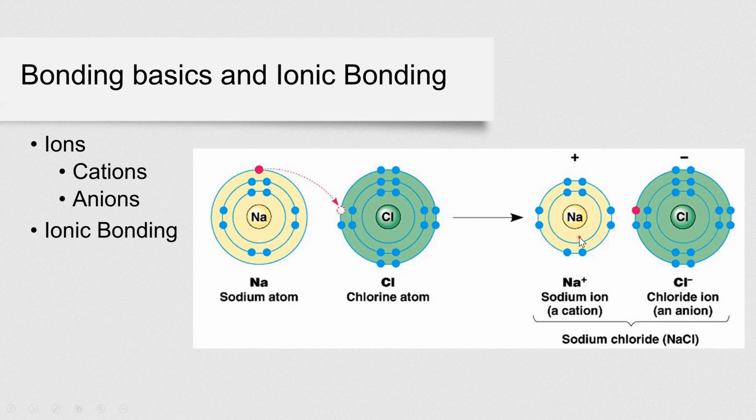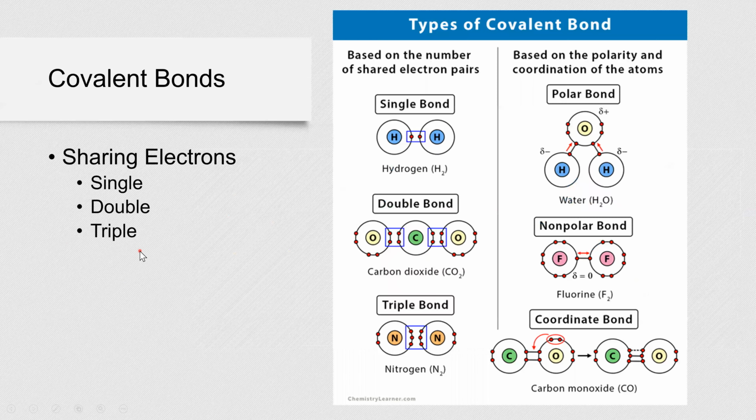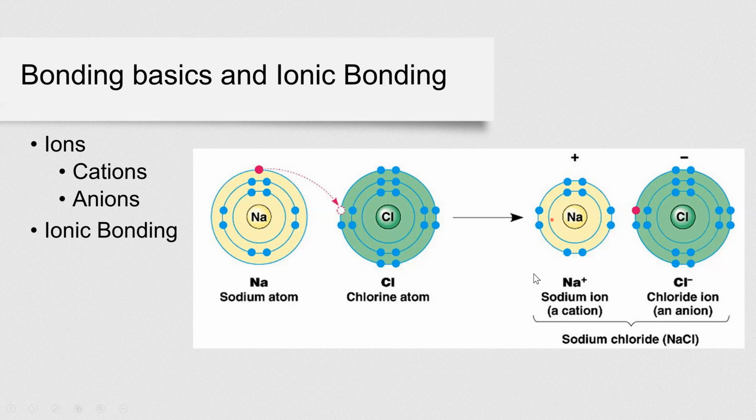Because sodium lost an electron, a valence electron, and chlorine gained an extra electron, they became ions, and they attract each other, forming an ionic bond. Another way to form chemical bonds, and when we form chemical bonds, we form compounds, or molecules.